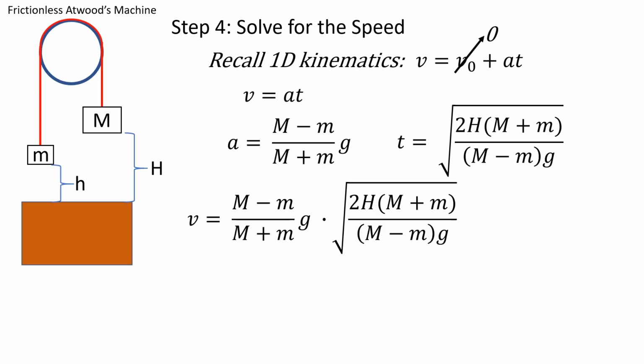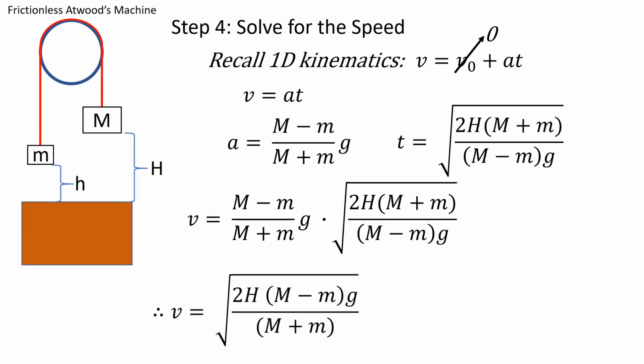You'll get the M minus m squared, which will cancel with one of the M minus m terms in the bottom, and the M plus m will do the same thing. And so after the simplifications, we have that the speed that the block hits the table at is the square root of 2h times the difference in the masses times g over the sum of the masses. And that is our final answer for this problem.